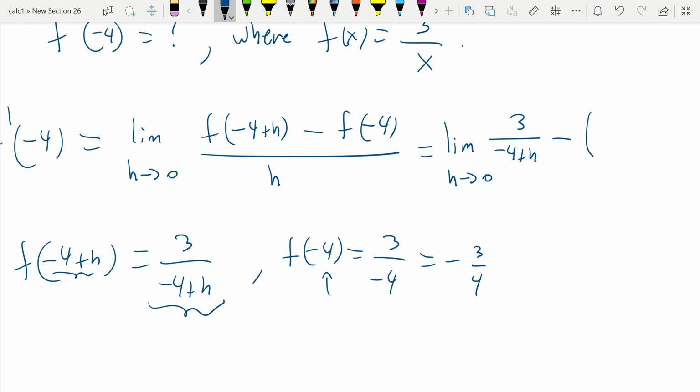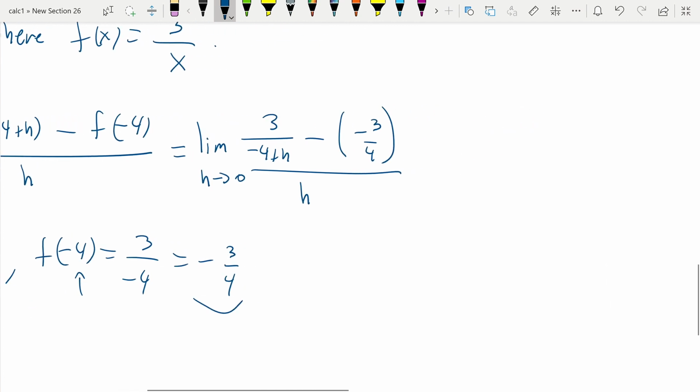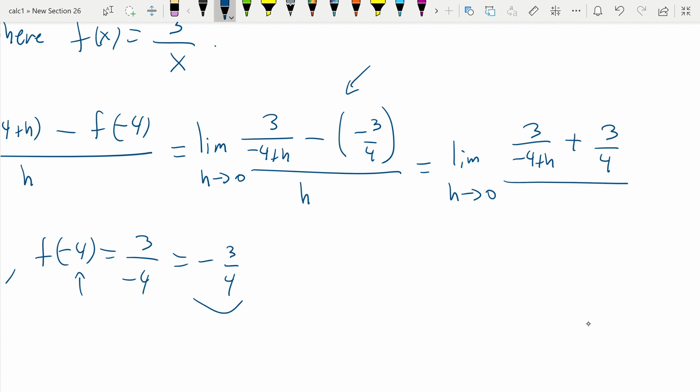It's minus f of minus 4, but f of minus 4 is minus 3 over 4, and then we divide everything by h. Now this is equal to the limit when h approaches 0 of 3 over minus 4 plus h, and minus minus is going to be plus 3 over 4, all of that divided by h.